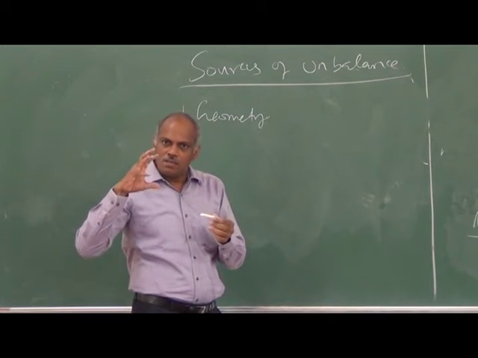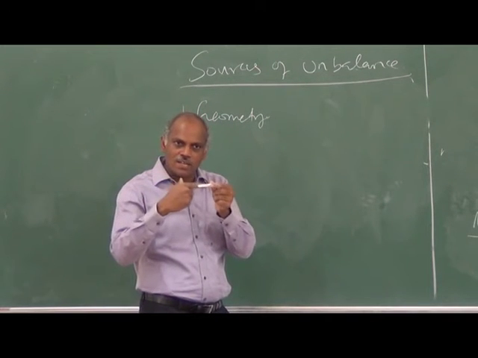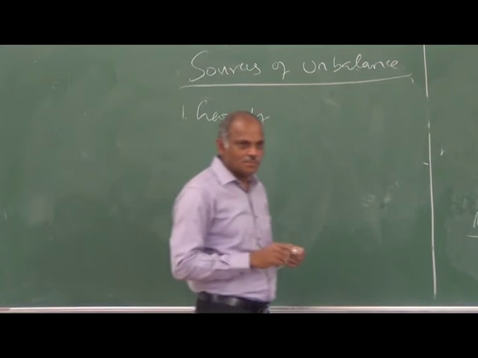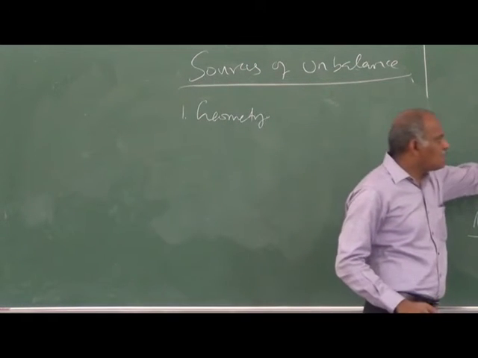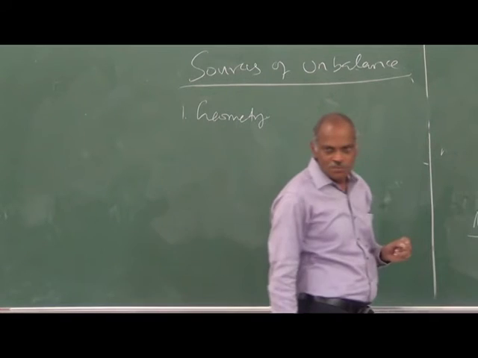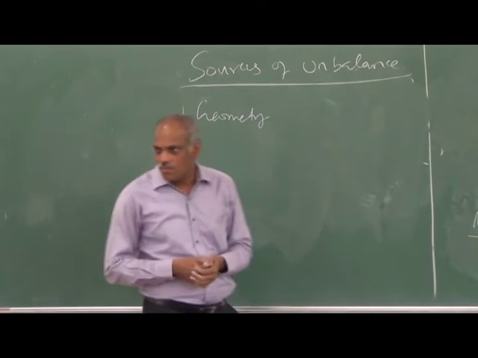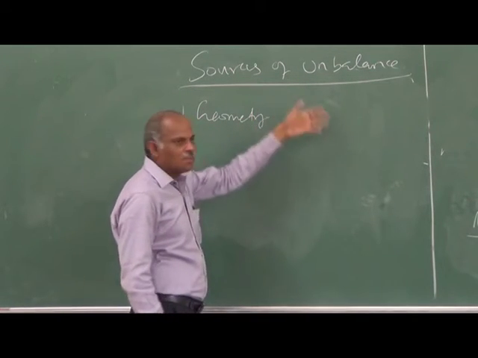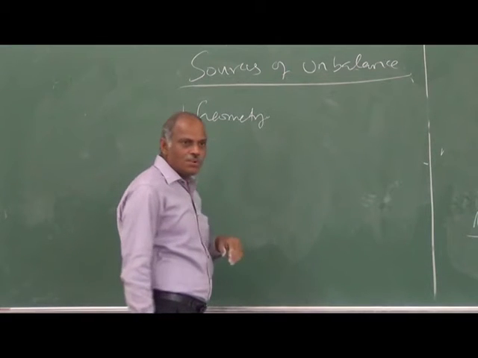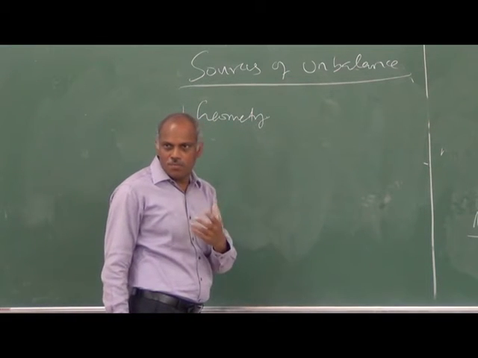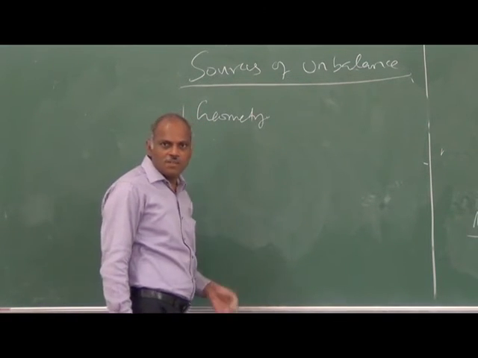If the center of mass and the center of the rotating system coincide, obviously this R1 will become 0, so no problem. So unequal distribution of the mass is the problem, and it could arise due to the geometry of your machine element.